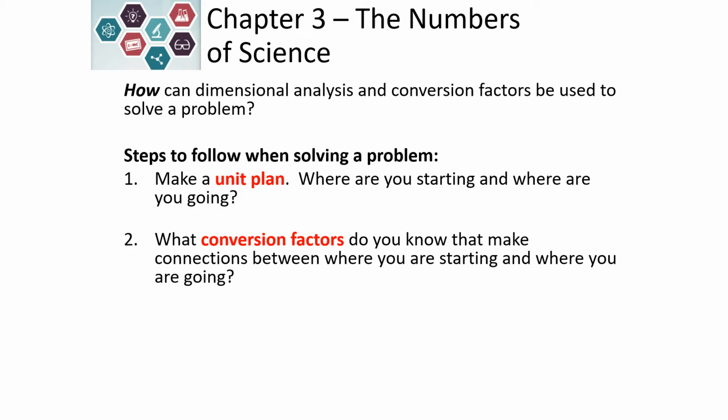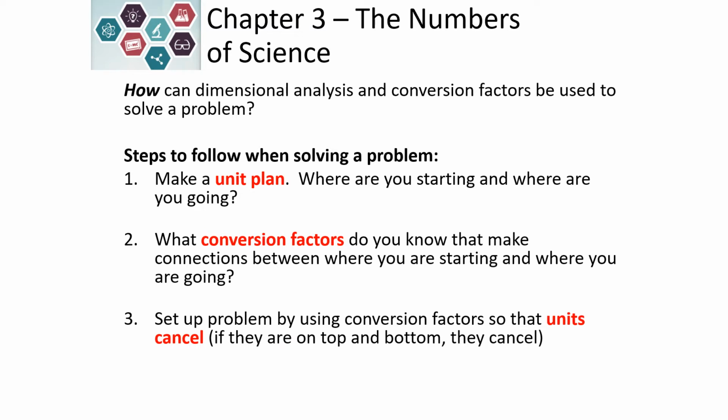Making those connections between where we're starting and where we're trying to go will help us solve our problem. Then we can set up the problem so that our units cancel. The units cancel if we have one unit on top and another unit on the bottom. That allows us to cancel the units to convert to a new unit.